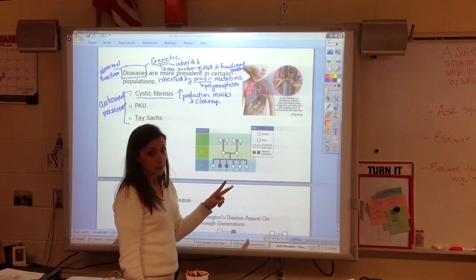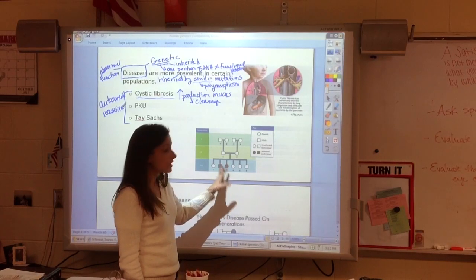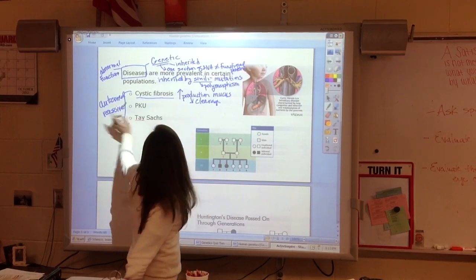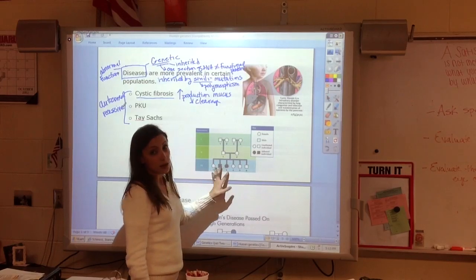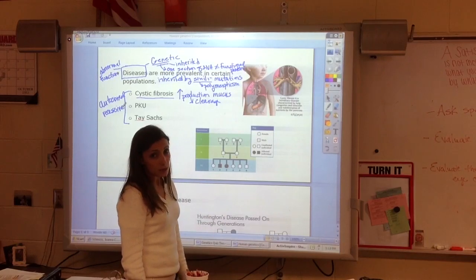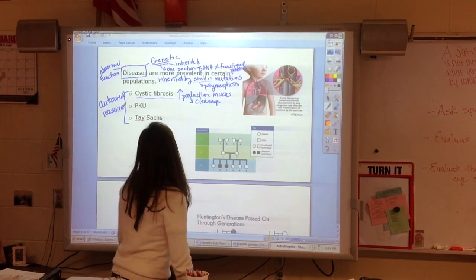B, is it sex-linked or autosomal? We look for the daughter, she has it, dad doesn't, can't be sex-linked. So this pedigree is an autosomal recessive trait. And then we should be able to figure out the genotypes of all the individuals and actually be able to figure out the likelihood that they would pass on the trait as well.